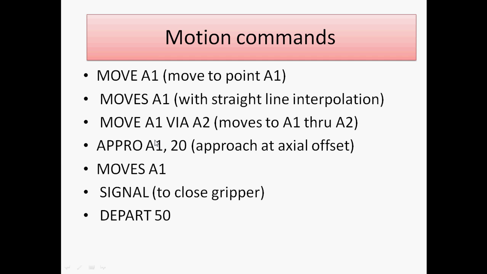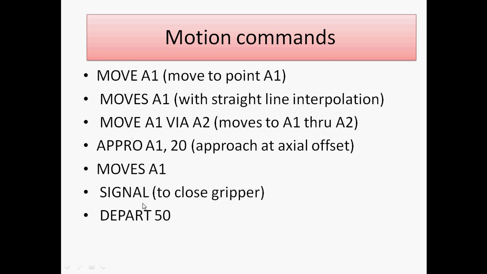The next is APPROACH A1 20. Suppose we are approaching a point from some distance: we approach from a distance of 20, so 20 apart, that point A1. The next is MOVES A1, a straight move to A1. The signal is in the format SIGNAL 1 2 3 4, and like that we get the information to close the gripper or open the gripper.